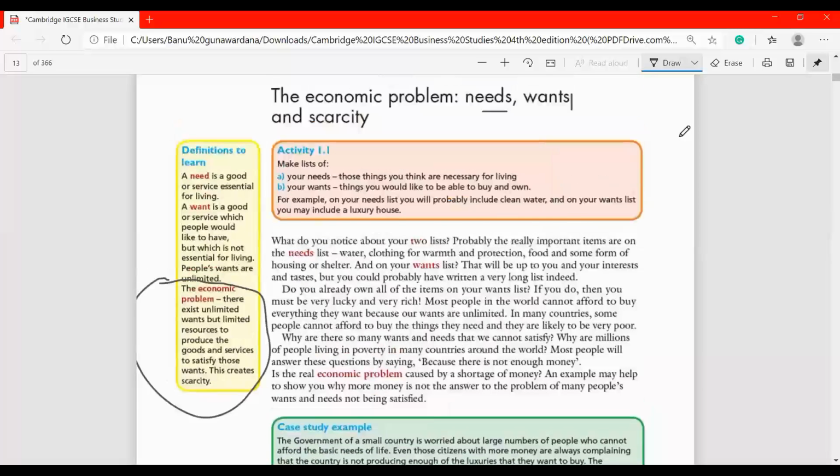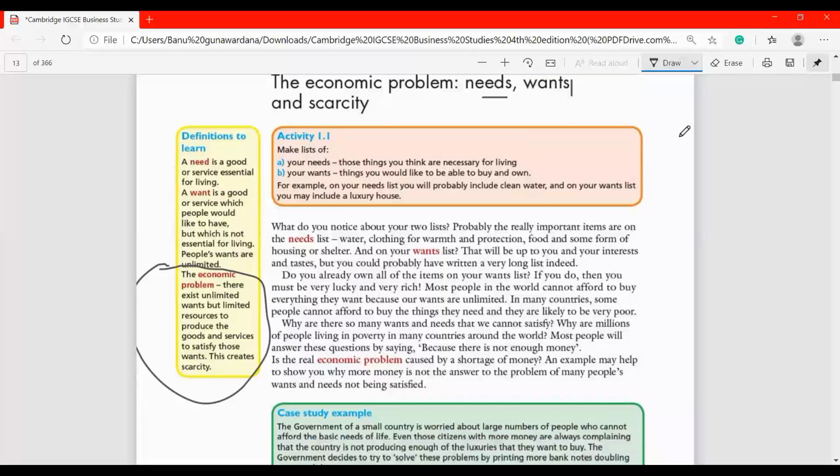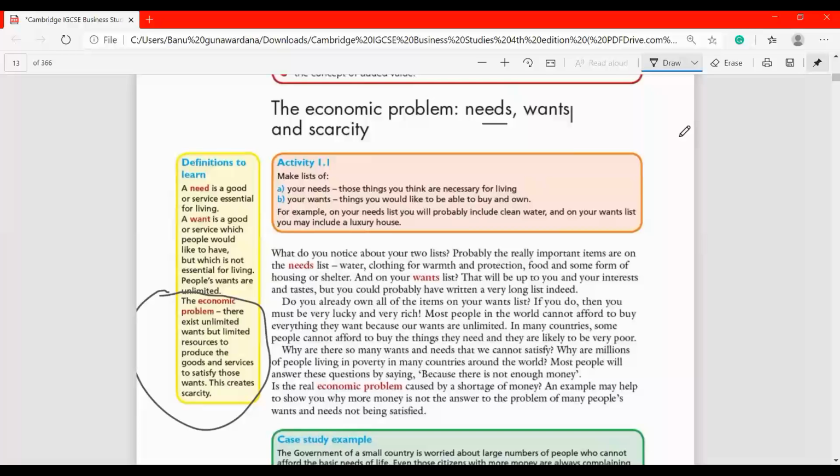For example, if we are to speak about clothes, people will be satisfying the need for clothes through certain wants such as t-shirts, shirts, trousers, etc. So basically, in order to revise, we can say that wants are the way that people will be satisfying the essential needs.